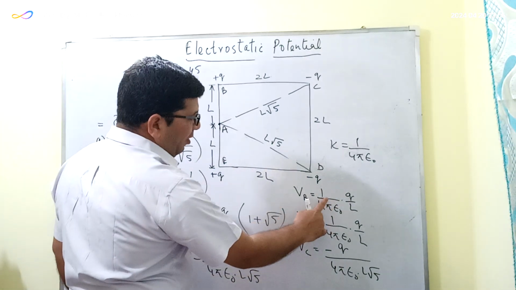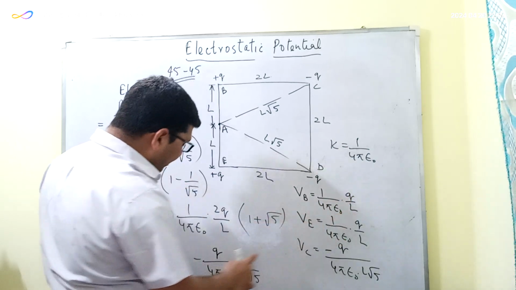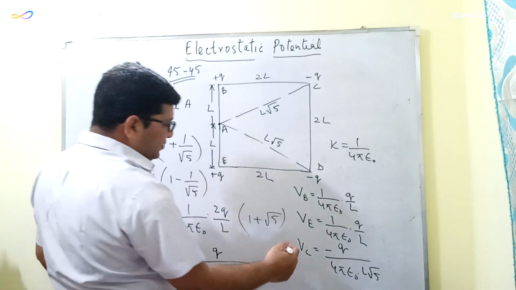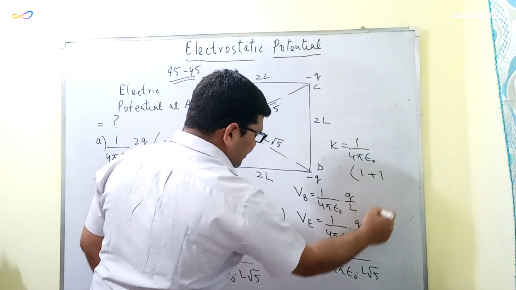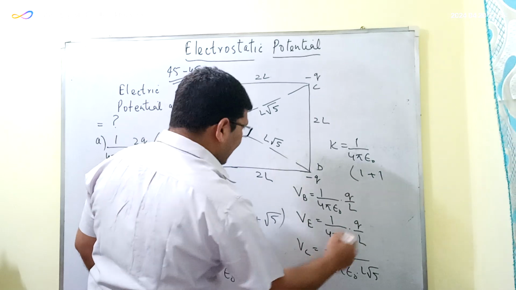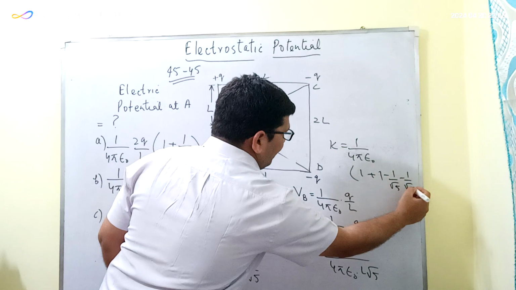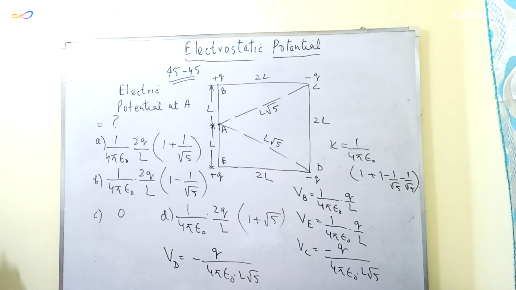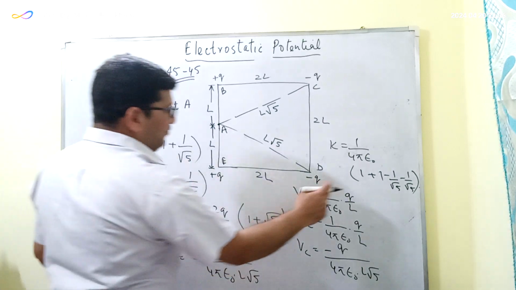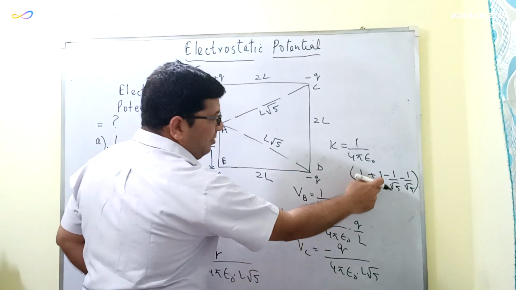This will be common, that is Q divided by 4 pi epsilon naught L will be common, ठीक है, and then simply in the bracket you will be getting what, 1 plus 1 minus 1 by root 5 minus 1 by root 5, है ना, यही होगा in the bracket, and in the bracket you will be getting this value.